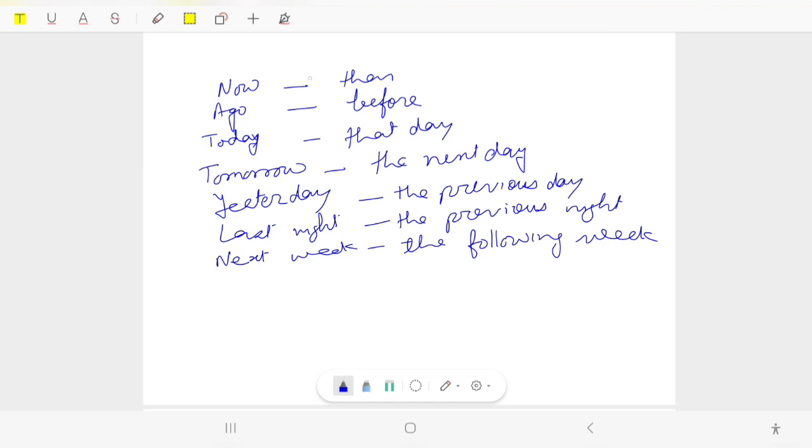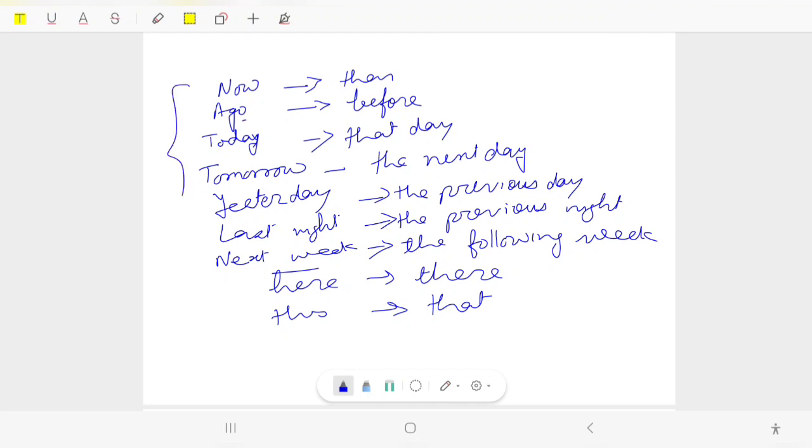Now will become then, ago will change to before, today will become that day, tomorrow will become the next day, yesterday will become the previous day, last night will become the previous night, next week will change to the following week, here will change to there, this will become that.